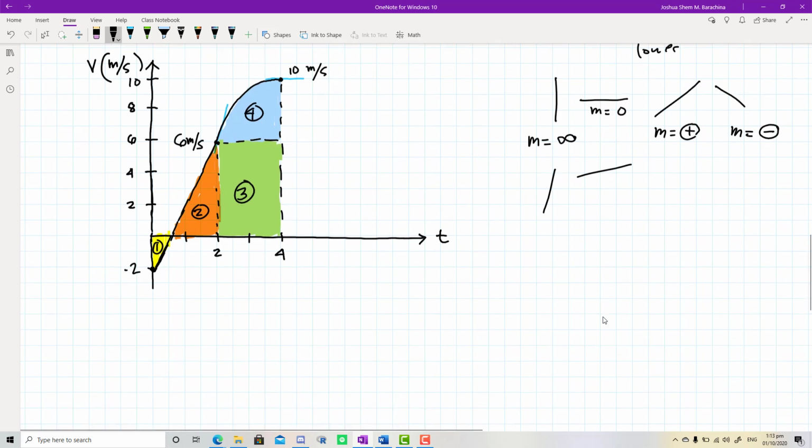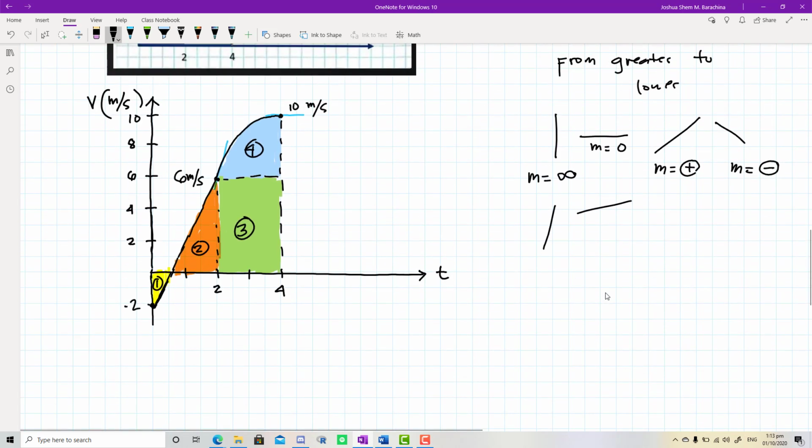Guys, naalala pa ba yung area ng triangle? Yung height natin is -2, but we do not know the base. And to know the base, we will use ratio and proportion by similar triangles. Naalala niyo pa ba yun? Hindi na rin.